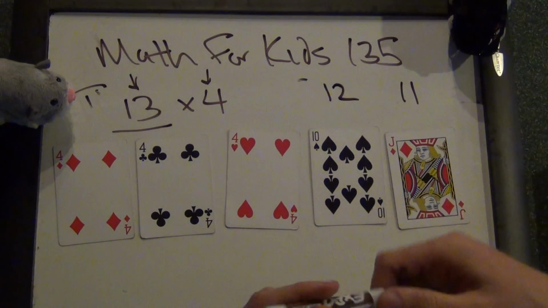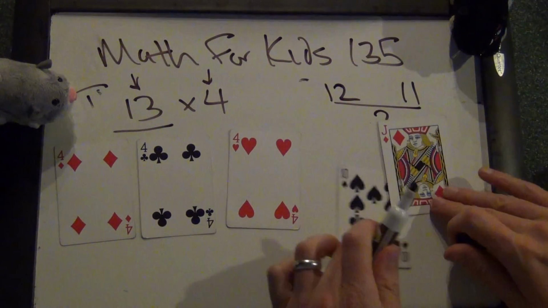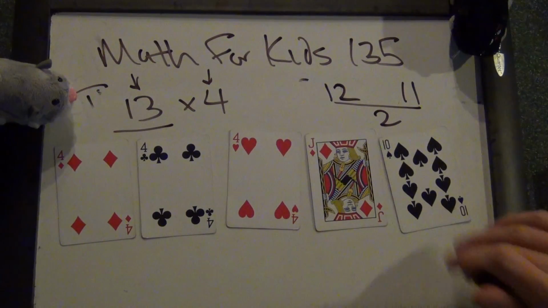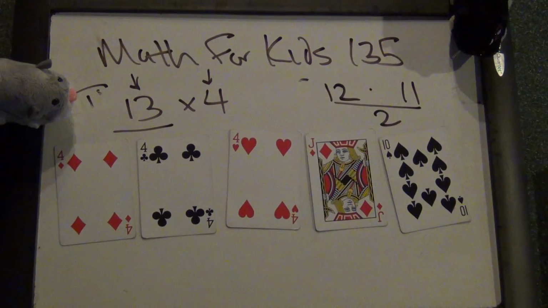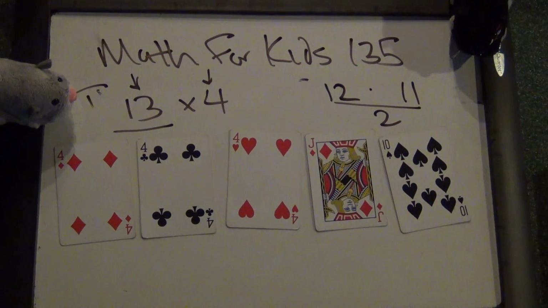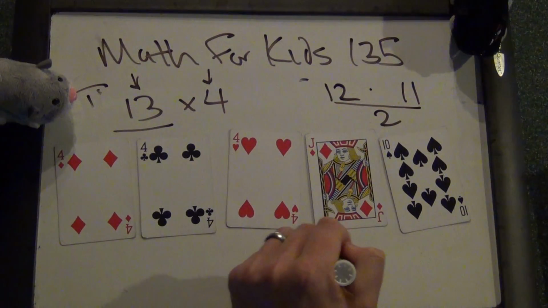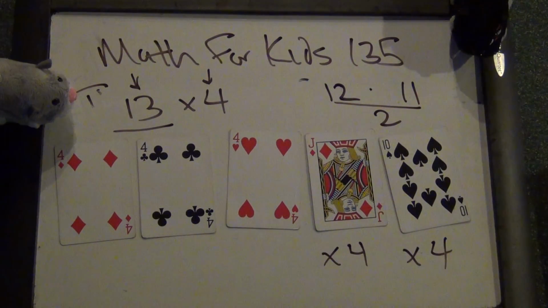So I just have to divide by 2 here because I counted 10 jack and jack 10 as being different, right? So far we have 13 times 4 times 12 times 11 divided by 2, and we're not quite done yet. Because when I pick the jack, how many different ways can I pick a jack? 4 ways. And 4 ways for 10. Times 4 times 4.